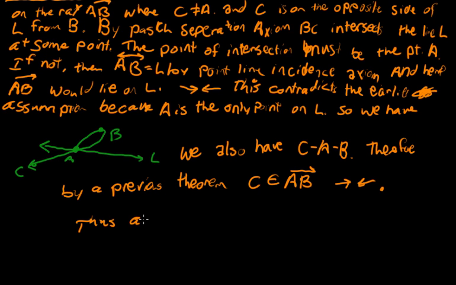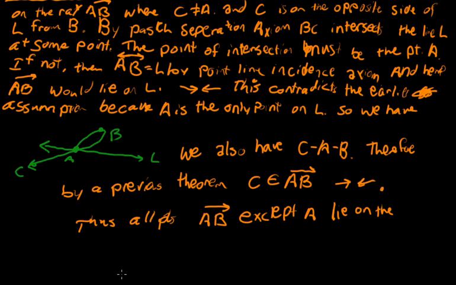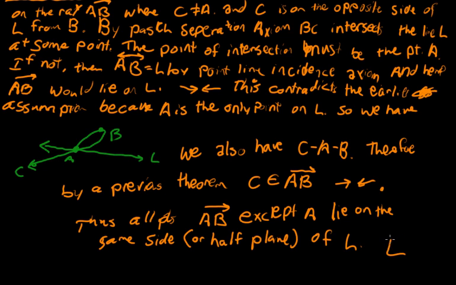So thus, all points of the ray AB except A lie on the same side or half plane of L. And we're done.